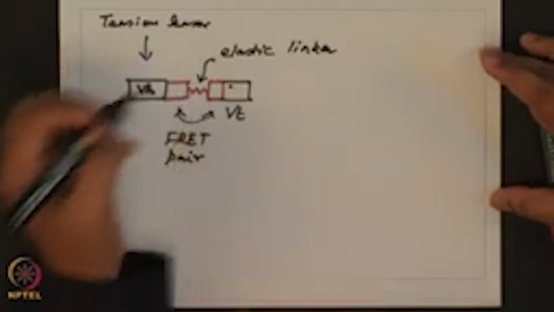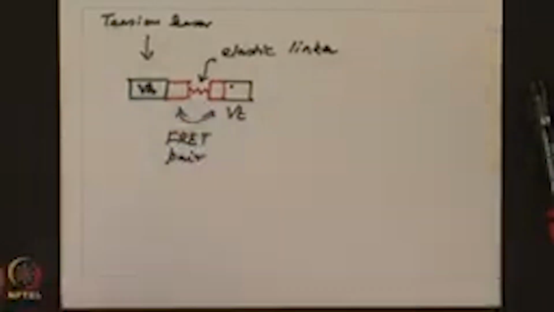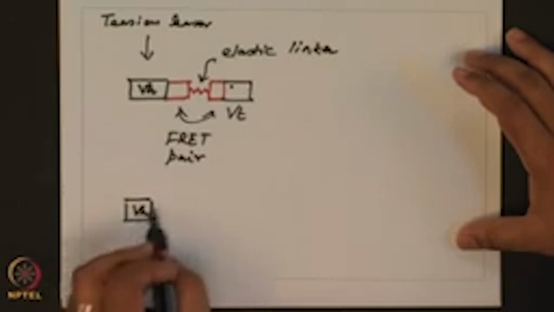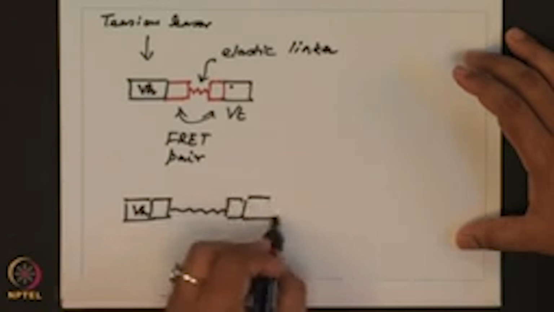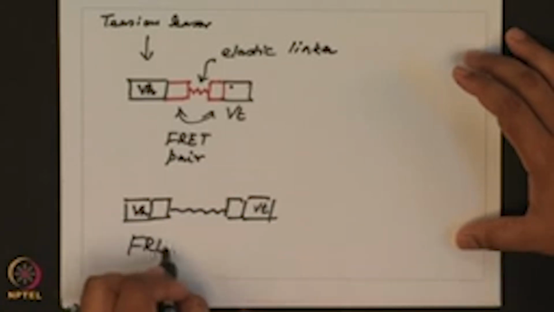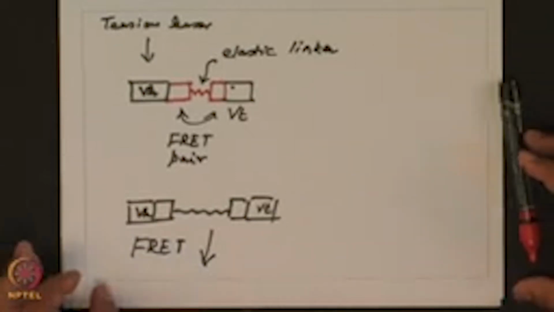Okay. So, the idea being that if the elastic domain is stretched, so when you have stretching of this elastic domain, in this configuration your FRET signal is going to go low. Okay.